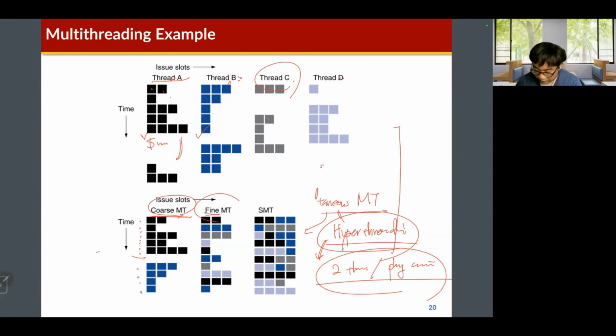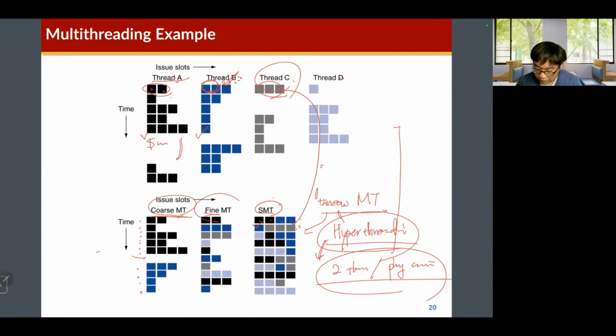In the first cycle, 2 slots are occupied by 2 instructions of thread A, and another 2 slots are occupied by 2 instructions of thread B. After 1 cycle, 3 instructions of thread C are assigned to the execution slots. This is simultaneous multi-threading.